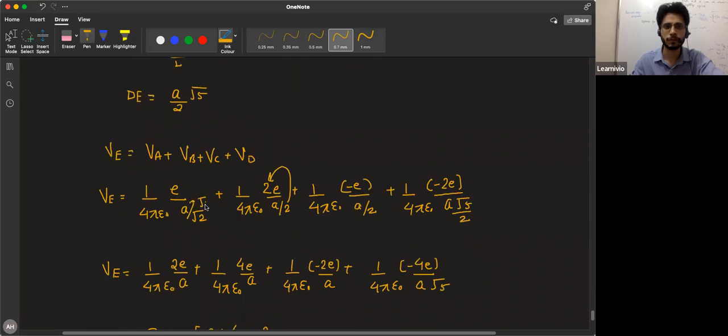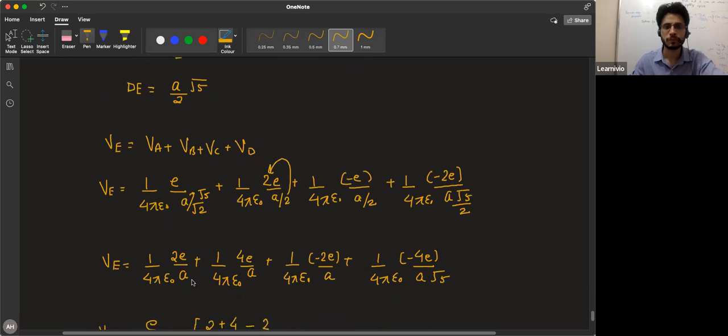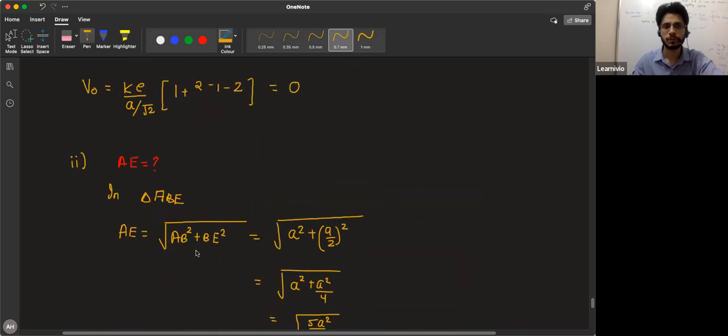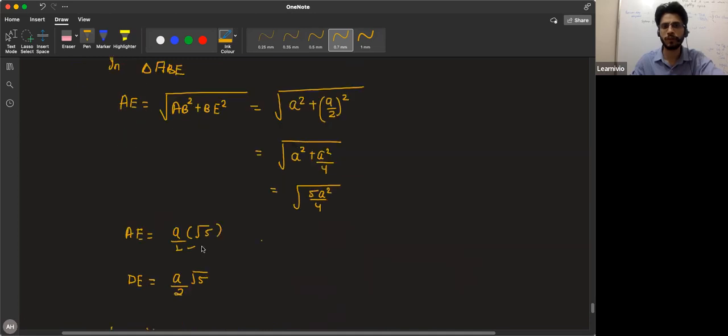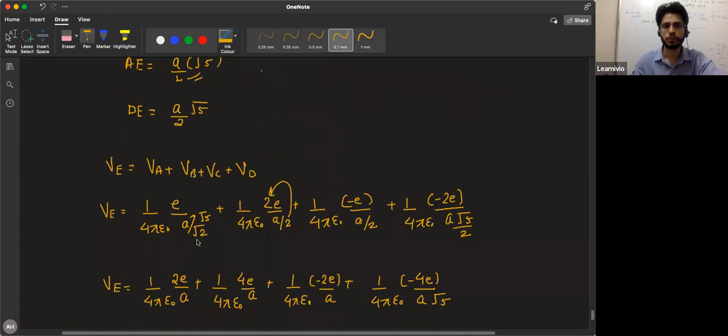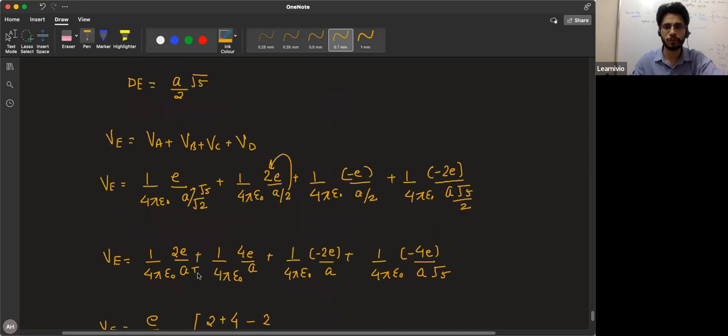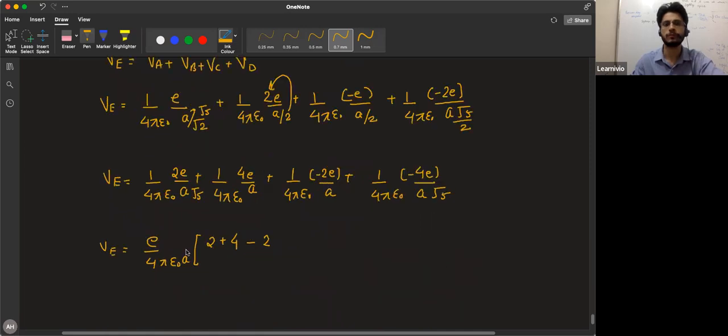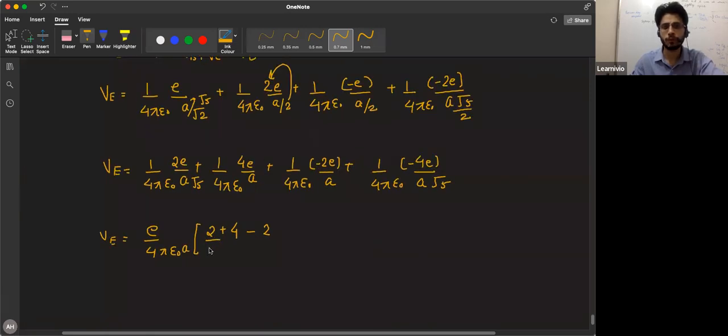This is the separation, A root 5 by 2, so this is 2 by root 5. Plus 4 minus 2. It's minus 4 by root 5 again.